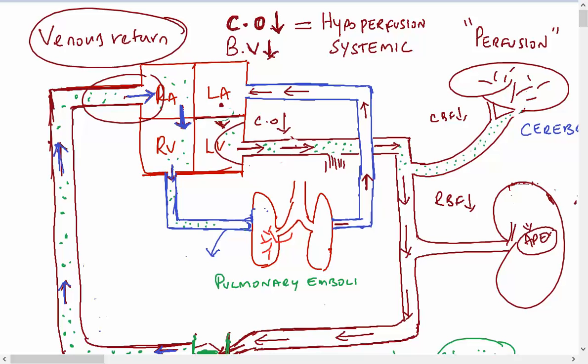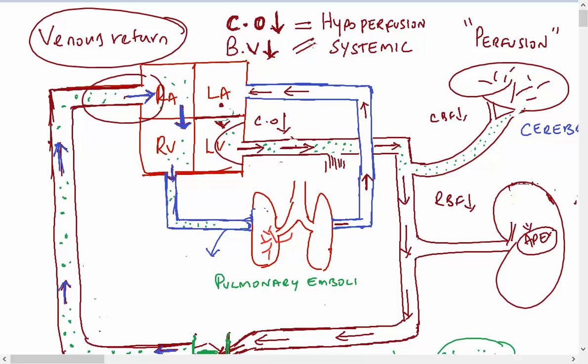When the blood volume is reduced, will the blood flow to the organs be less or more? Less. When the blood flow to the organ is less, does the tissue get more blood or less blood? So it is hypoperfusion. It is going to happen all over the body. It also creates hypoperfusion in the system.